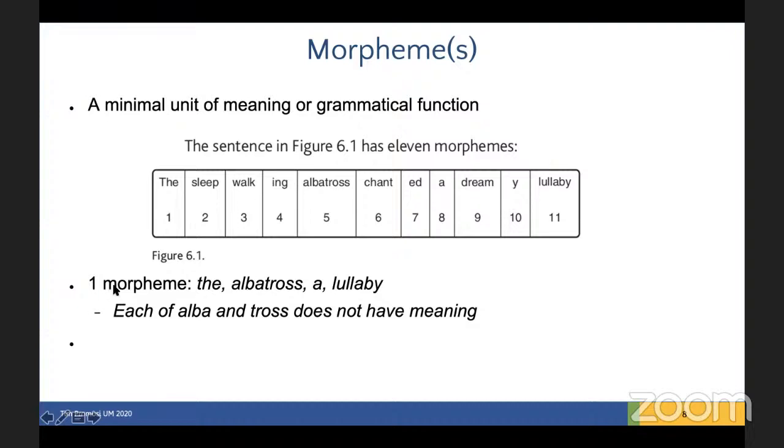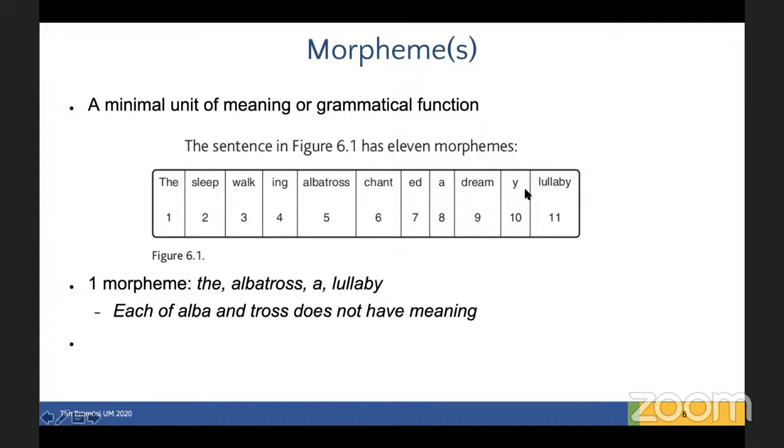Okay, so take a look at albatross and lullaby. You cannot separate alba and tros because then it doesn't have meaning. It's the same as lala and by, they don't have meaning. So you cannot separate them.